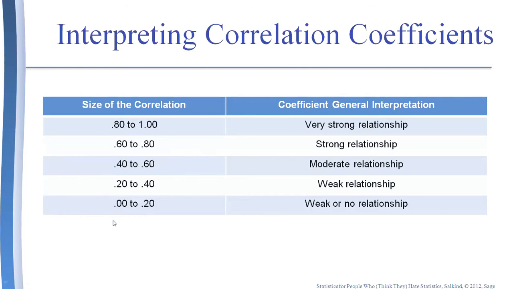So if my correlation coefficient is negative 0.24, it would fall in the 0.2 to 0.4 range, even though it doesn't specify positive or negative. So you can have an indirect strong relationship, or you can have a direct strong relationship. It just depends on whether your correlation is positive or negative, and it would be between these numbers, right?